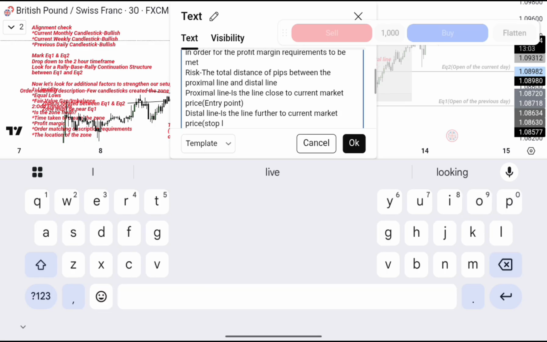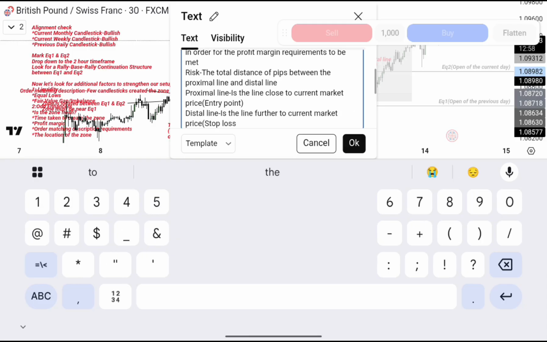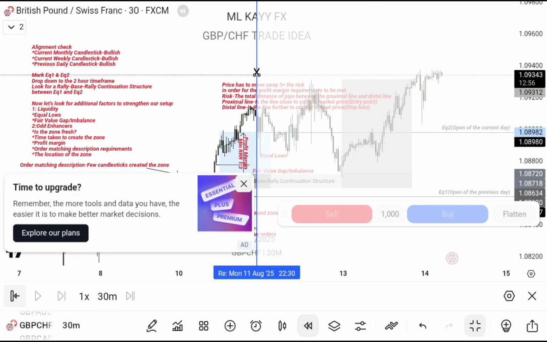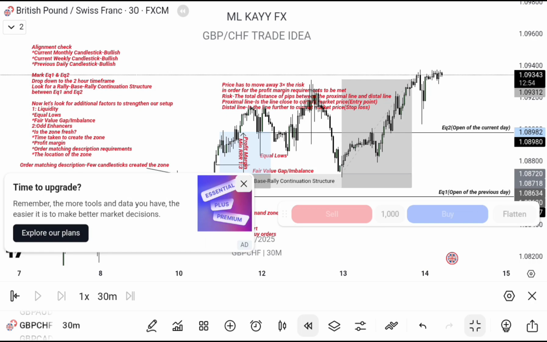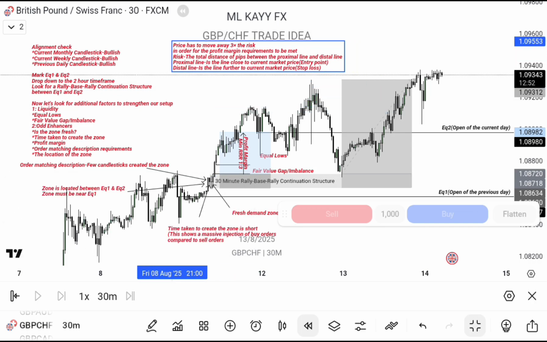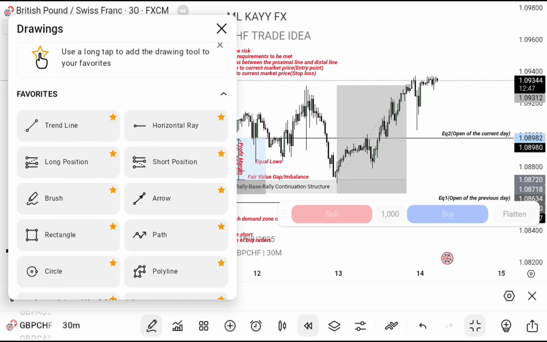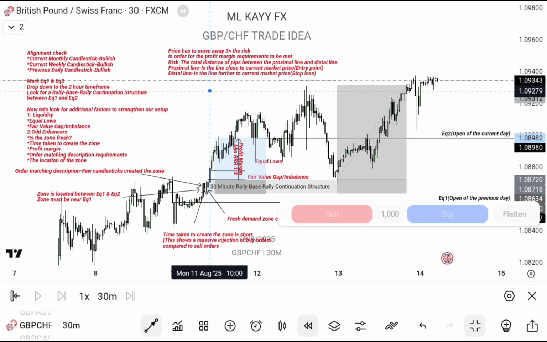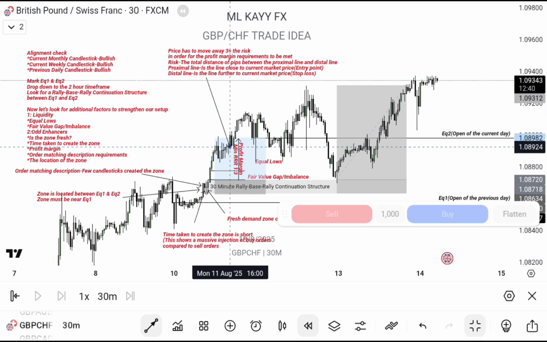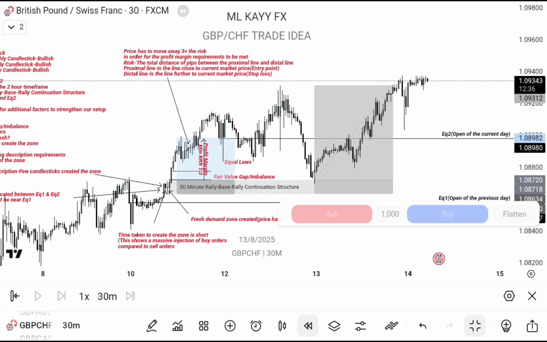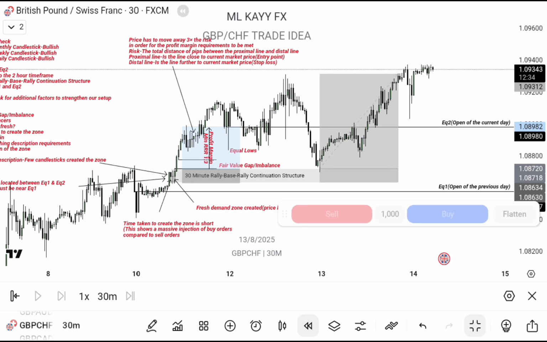But I would always suggest going for 5 out of 5 setups, so that even if your stop loss gets hit on that specific trade, you know very well that you did everything you needed to do. You followed the rules and the procedure. It's just that the trade did not work out, and it's okay.